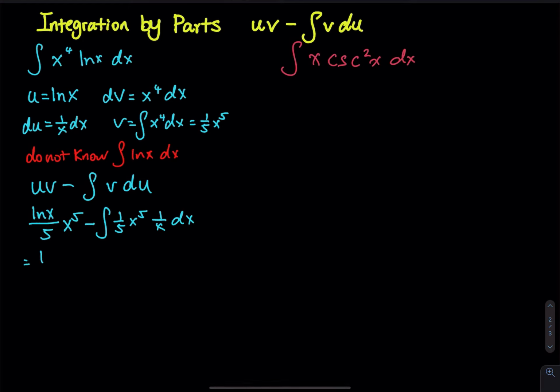So that is equal to ln x over 5 x to the fifth, and then the 1/5 is over there, and then you are finding the integral of x to the fourth dx.